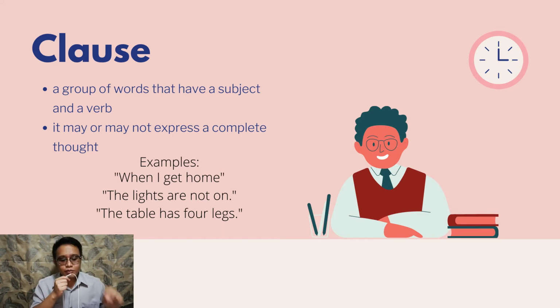Therefore, this group of words is a clause. And lastly, the table has 4 legs. Our subject in this sentence is, good, the subject of the sentence is table. The verb is what? The verb is has. Therefore, it has a subject, it has a verb. Therefore, it is a clause.